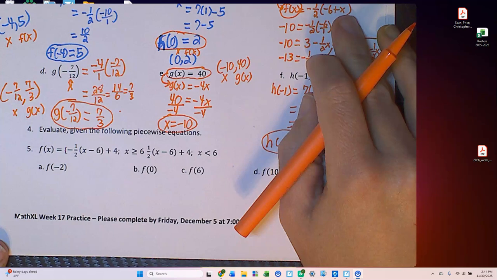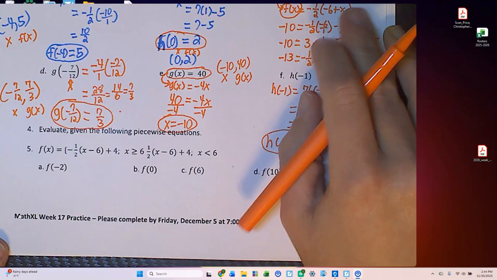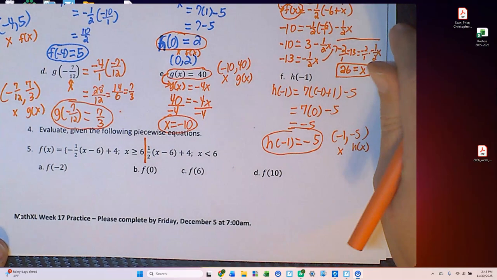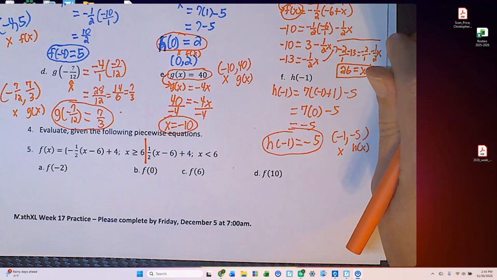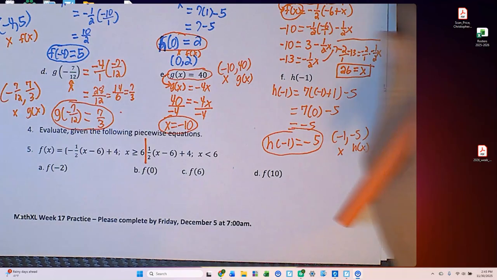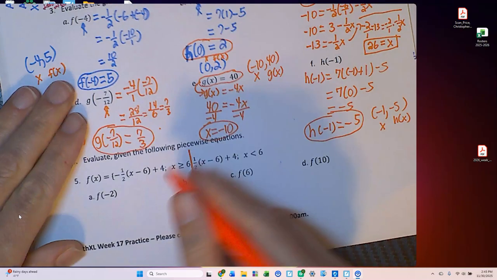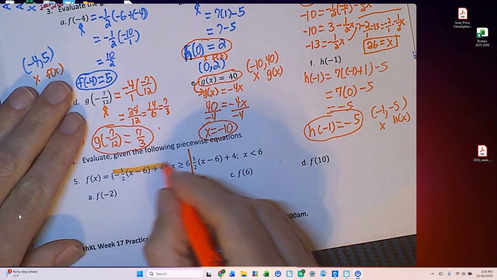So which function we use depends on x. When the x's are greater than or equal to 6, we use this function. I've got two highlighters for once. So if the x's are greater than or equal to 6, we use this function.